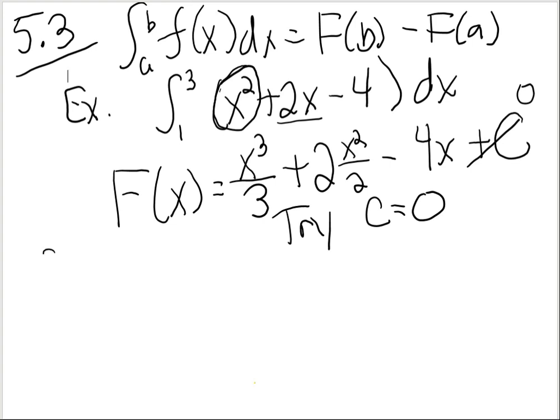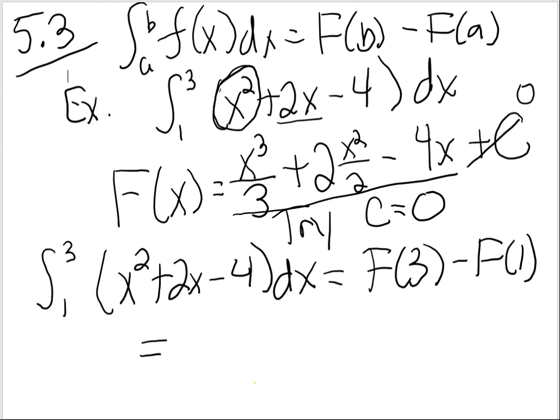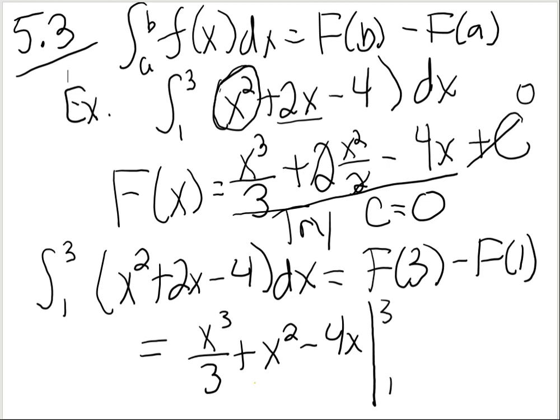Okay, so what does that give us? By the Fundamental Theorem of Calculus Part 2, this is going to be F of 3 minus F of 1. Or the notation we'll sometimes write is the full function, x cubed over 3 plus x squared minus 4x, with a bar from 1 to 3, to say evaluate it first at 3 and then subtract evaluating it at 1.